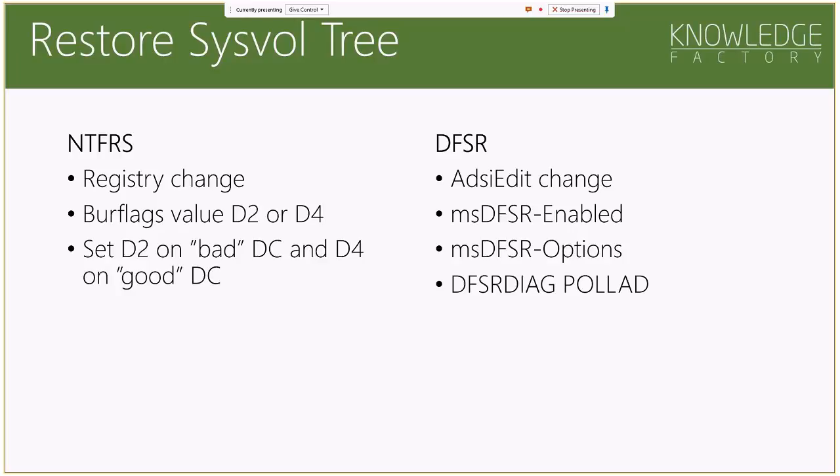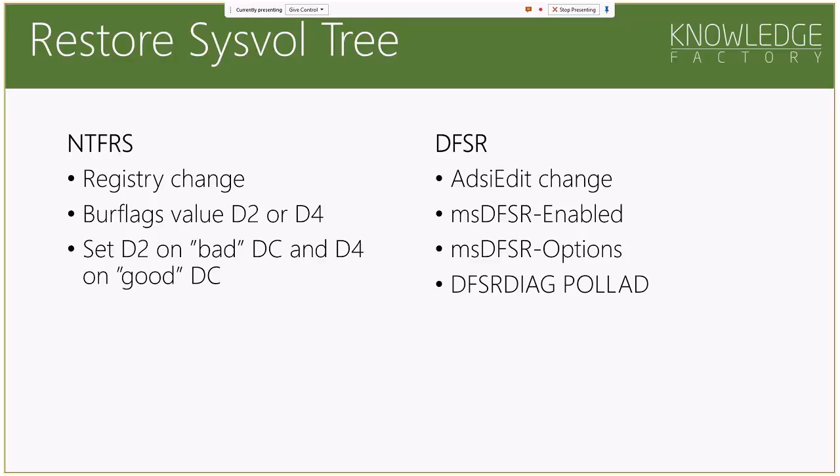So what I would do when I see these kind of things is set one DC, preferably the PDC Emulator, to D4, the rest of the DCs to D2, or in the DFSR case, msDFSR-Options to 1 on the PDC Emulator, msDFSR-Enabled to false, and then true on the rest of them, and then I just do it, no problems.